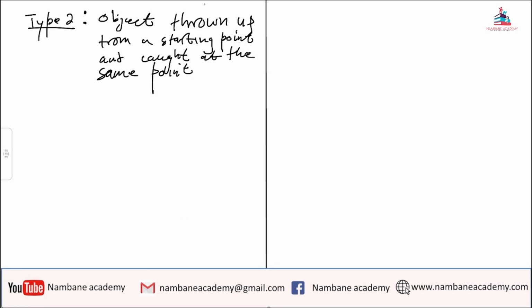What do they say? Thrown up. So what am I going to do? I'm going to have it starting there, going up. Then it is going up, and then it says again from the starting point and caught at the same point.